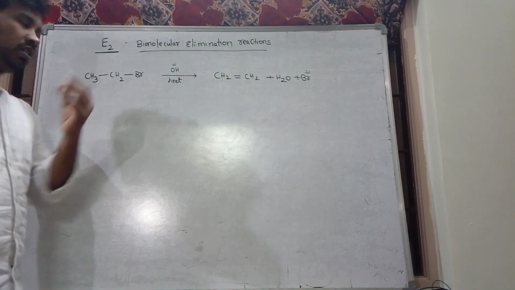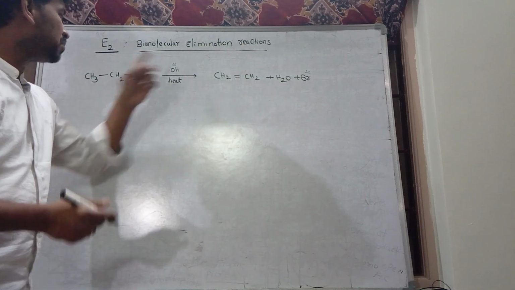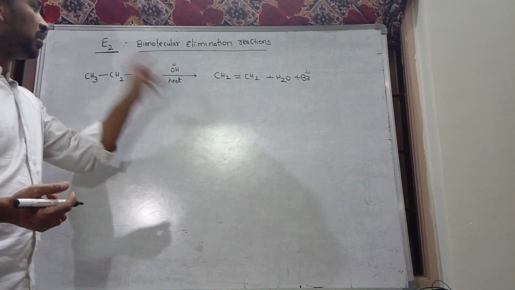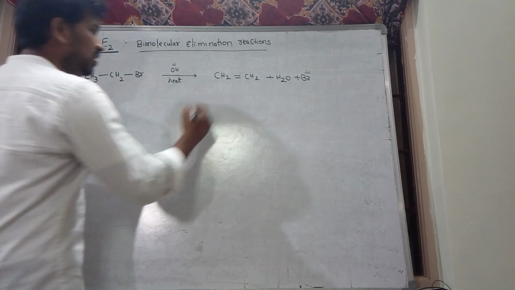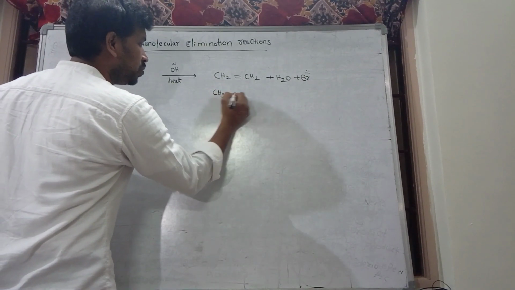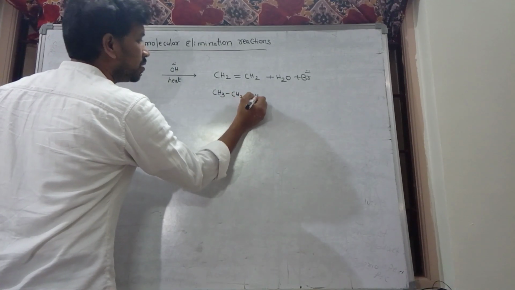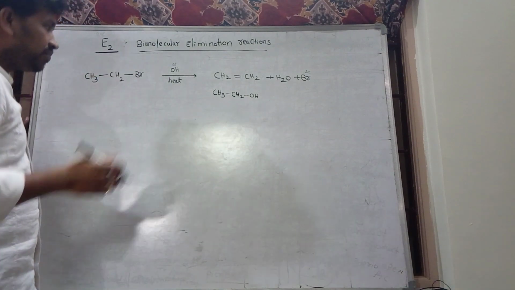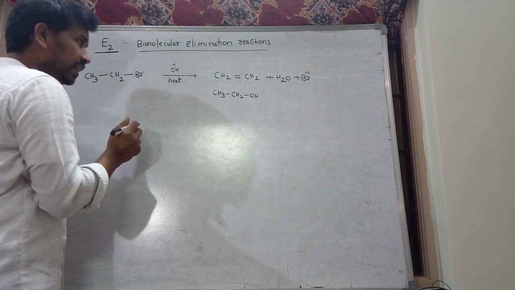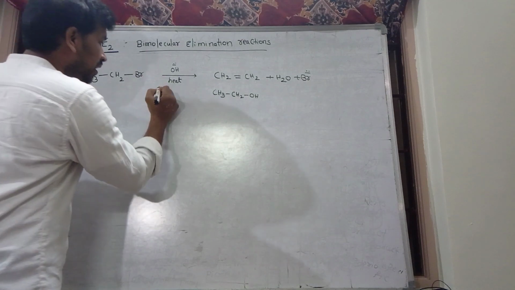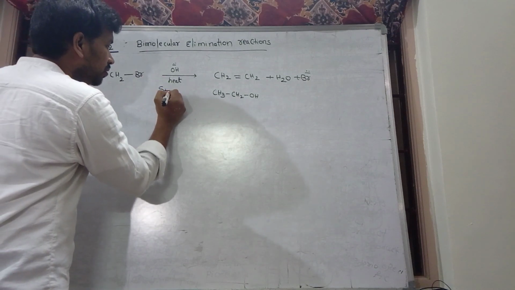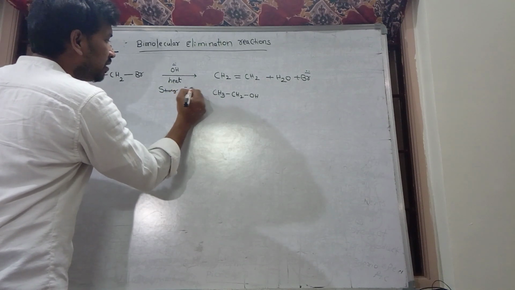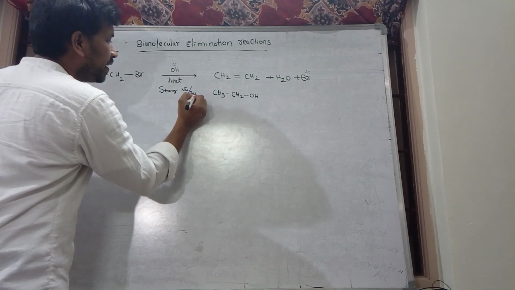Here, sir, you may have a doubt: OH minus is a nucleophile, so Br is substituted by OH, then the product is CH3CH2OH. But you have written the product CH2 double bond CH2, how is it? See, OH minus is not only a nucleophile, it is also a strong base.